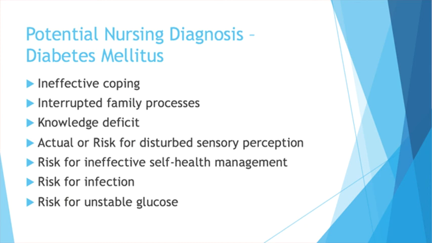Anytime anything is chronic, you might have the risk of ineffective coping, as well as interrupted family processes, knowledge deficit, actual or risk for disturbed sensory perception because of those neuropathies, risk for ineffective health self-management, risk for infection, and risk for unstable glucose. This is not an exhaustive list by any means, though. And it doesn't include the possible diagnoses for the complications that go along with diabetes.